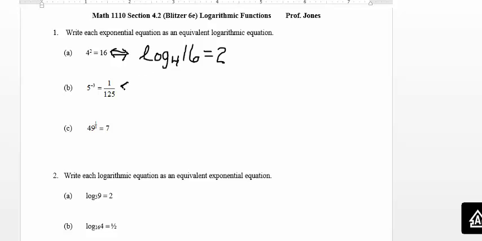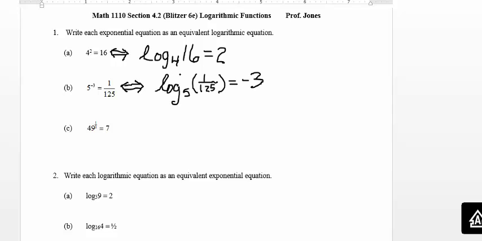So for 1b, 5 to the negative third equals 1 over 125 is equivalent to the base 5 log of 1 over 125 equals negative 3.